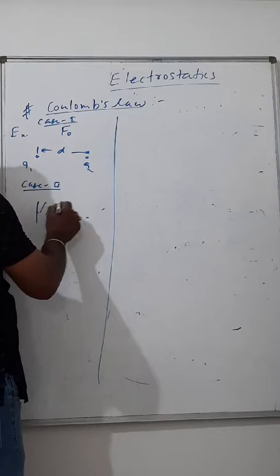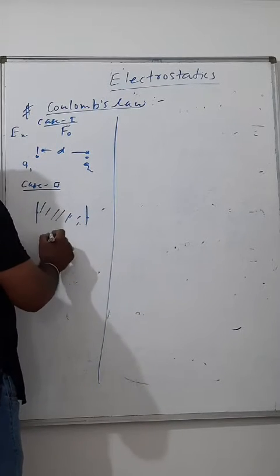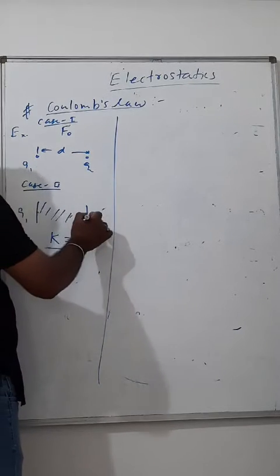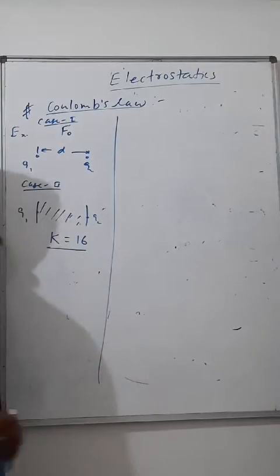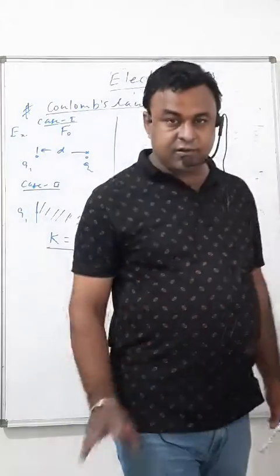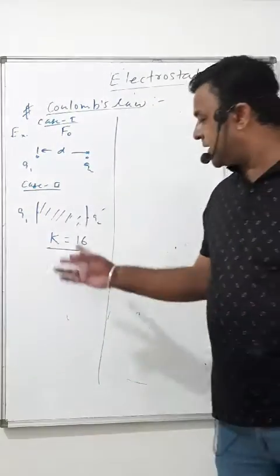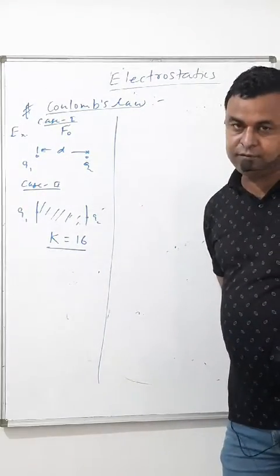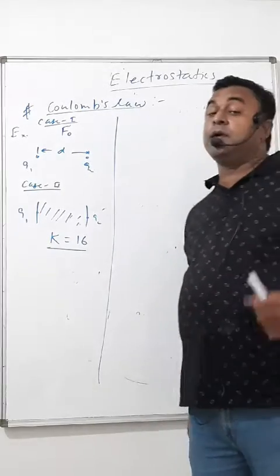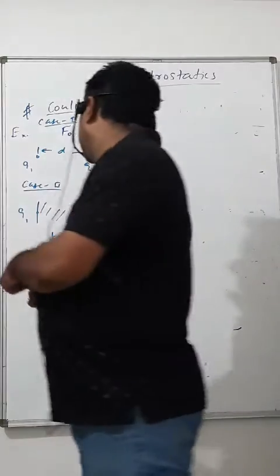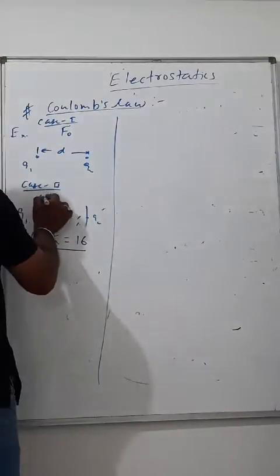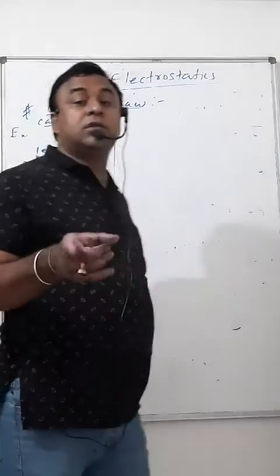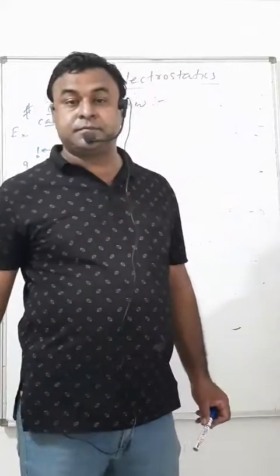Between them, now the medium is changed. It has dielectric constant K equal to 16. Definitely the force will get changed if I place them in a different medium. But this time, the question is, what should be the value of distance D dash so that the force remains the same.